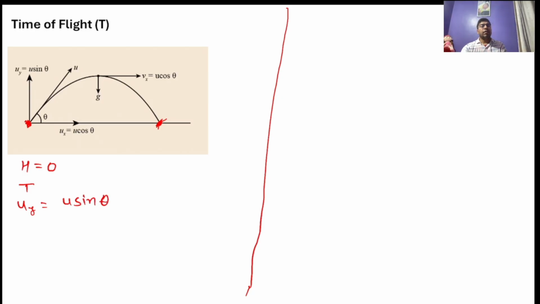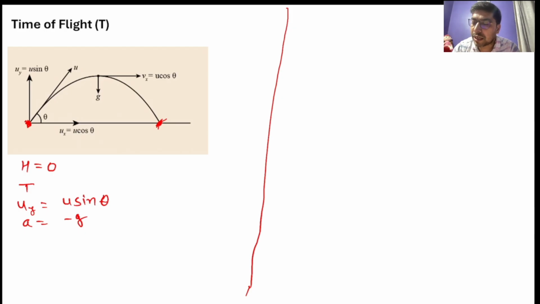Now a also we know, minus g. Which equation of motion can we apply? Check. Initial velocity given, time given, h given, a given. Which equation of motion relates all these things?